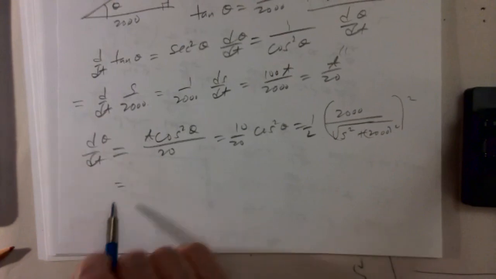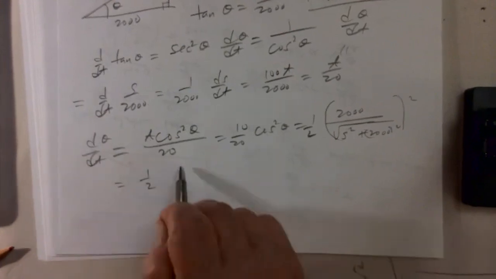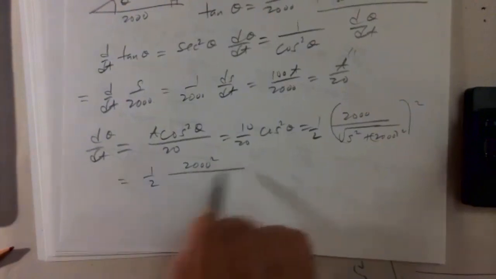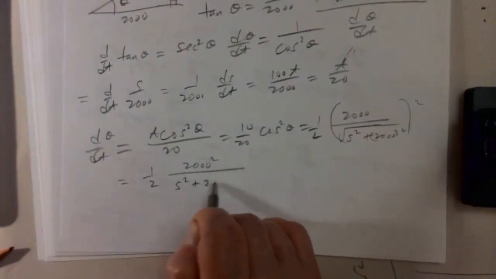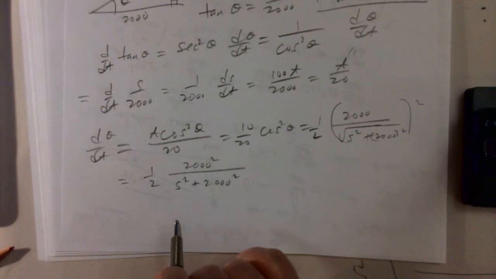So this is 1/2 times 2000 squared over S squared plus 2000 squared.